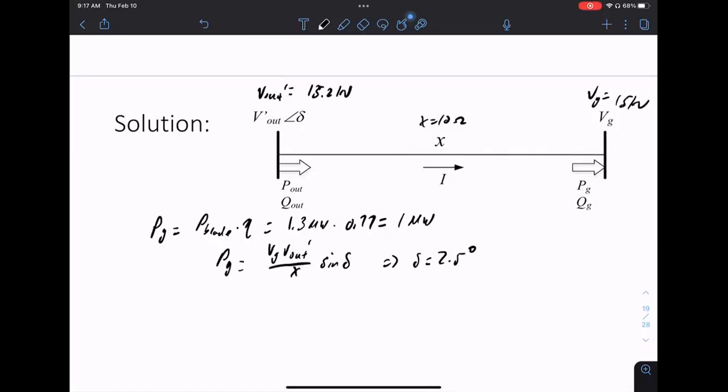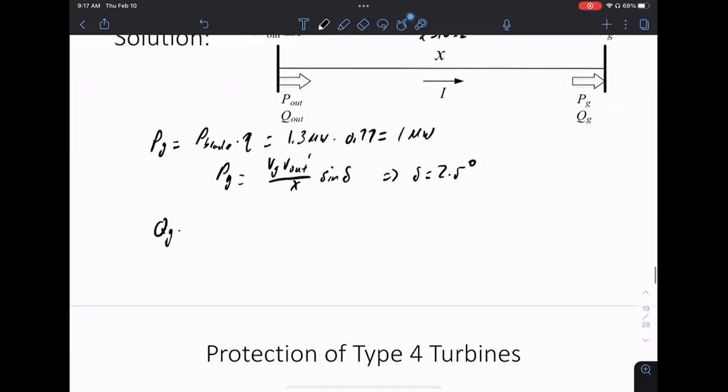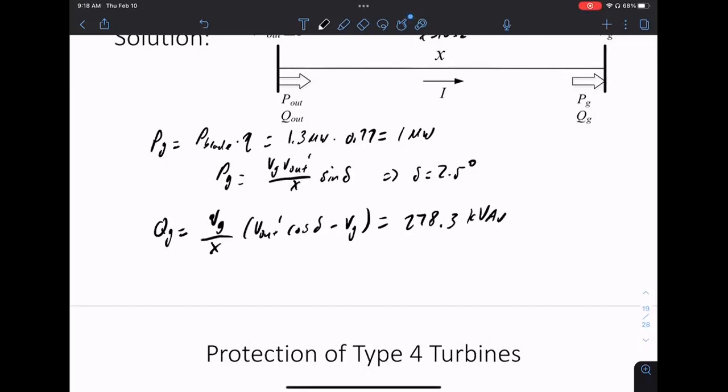Determine how your calculator is set up. There are two possible values for this. Pick the value less than pi over 2. Then we have QG as VG over X times VL prime cosine delta minus VG. Plug everything in, and we get 278.3 kilovar reactive.